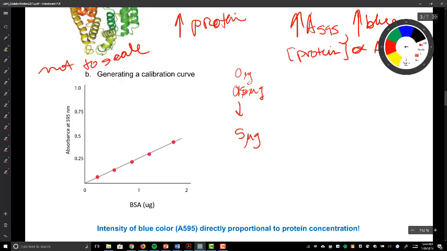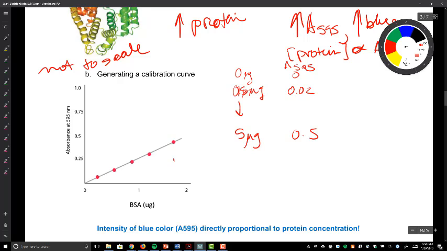Then we take our standards that have a known amount of BSA in micrograms, and we determine the absorbance at 595. On the y-axis, let's say this is 0.0, this is 0.02, and this guy is 0.5. You're going to graph the absorbance at 595 on the y, and the number of micrograms of BSA in that sample on the x.